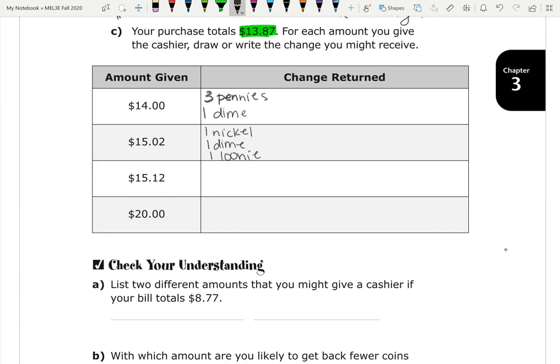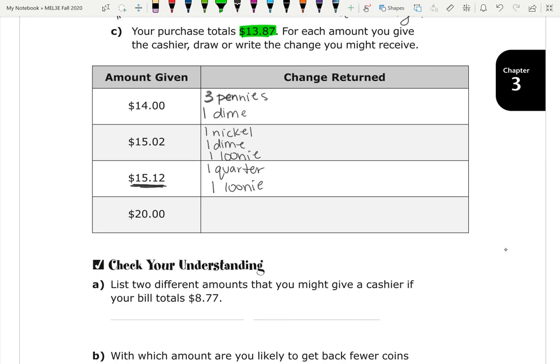And then $14.07 plus 5 cents will give you $14.12, which is just $1 less than this. So this person wants you to give a quarter and a loonie.